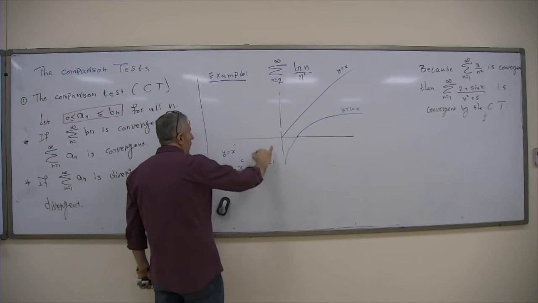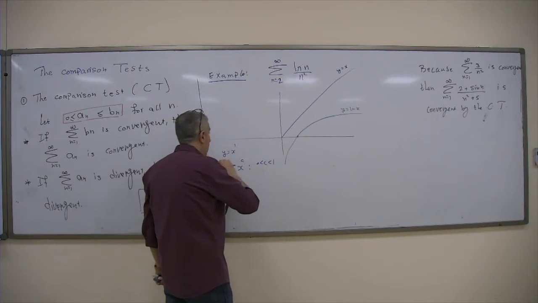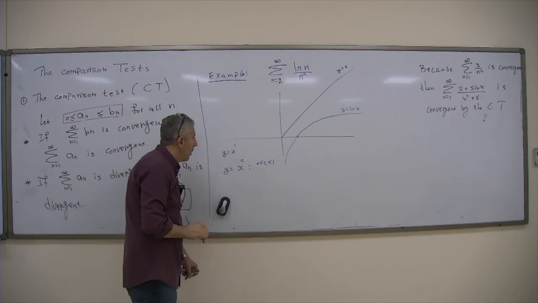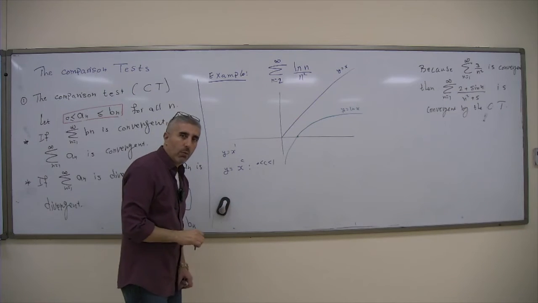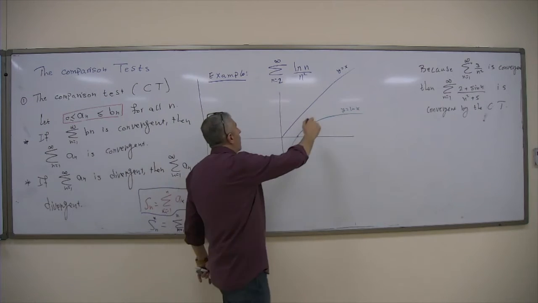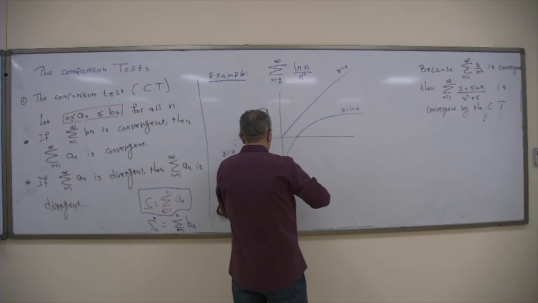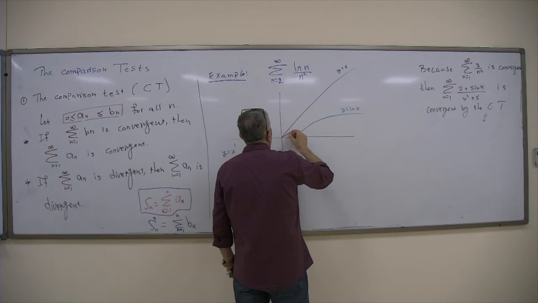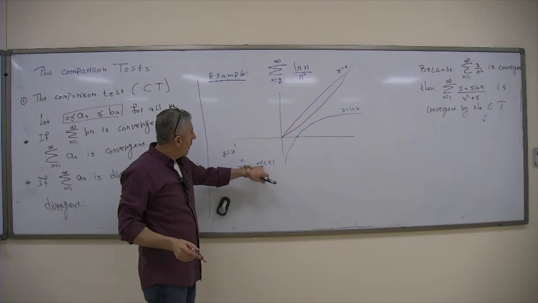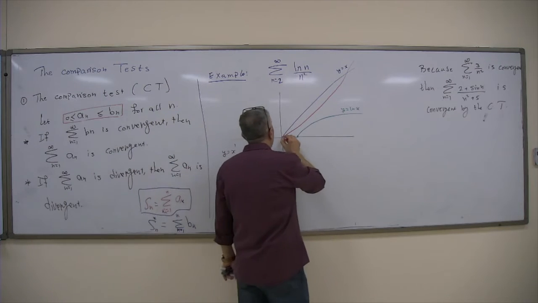So at 0 here you have 0, and then this is increasing because the derivative will be positive, the second derivative will be negative, so this is concave down and it is increasing, so it's like this. And if c is close to 0, this could go down like this.